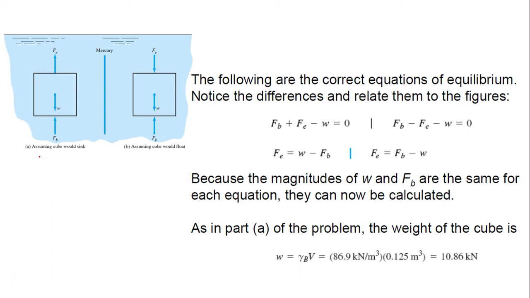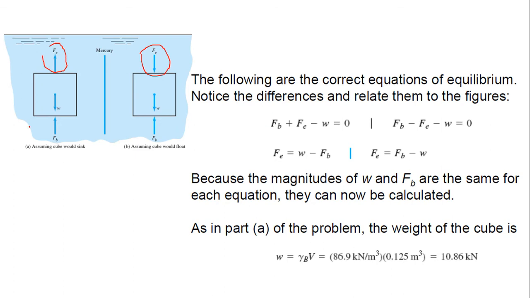So it has two scenarios. One, assuming the cube would sink, and the other, assuming the cube would float. So we're not sure yet how the force acts on this cube, whether it goes upward or downward. So we just take both scenarios and do the calculation.